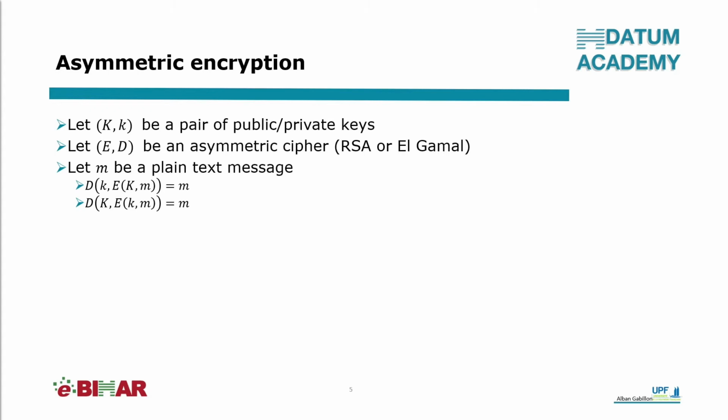But we have also the decryption with the public key of the plain text encrypted with the private key gives back the original plain text. Okay, that's fine, but is it useful to encrypt some data with a private key, knowing that everybody will be able to decrypt the data using the public key? Yes, it's useful for one important application of asymmetric encryption, namely digital signature.